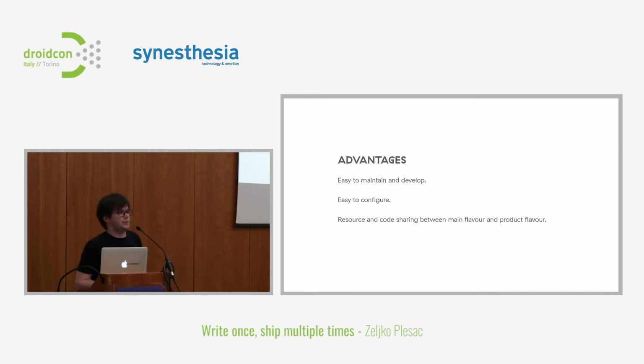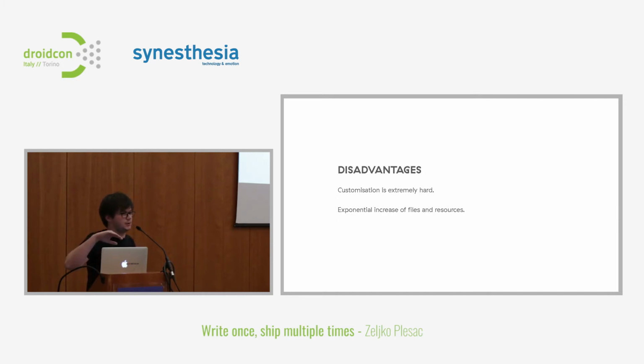The disadvantage of this type of architecture is that customization is extremely hard, and you will quickly see that the number of files will exponentially increase as you offer more customization. For example, let's say that you have a white label system with 100 apps, and a third of them have one type of UI for the login screen, another third has a different kind, and the last third has a fourth kind of UI.